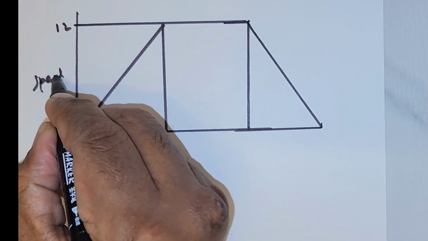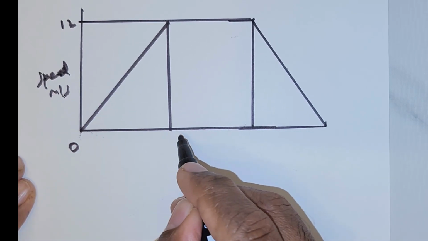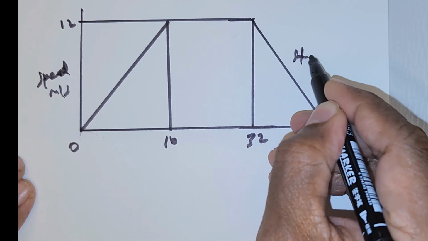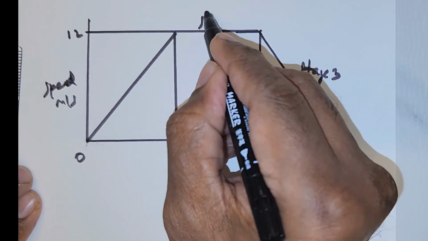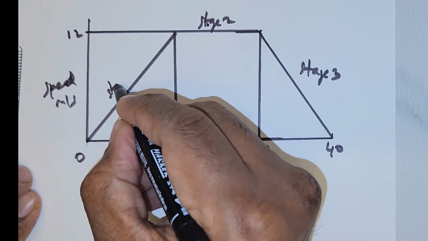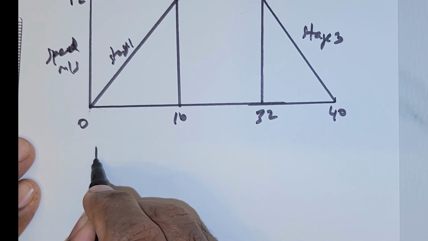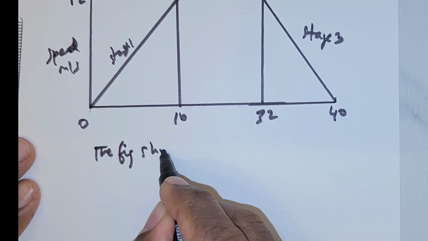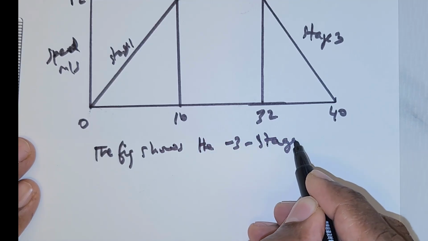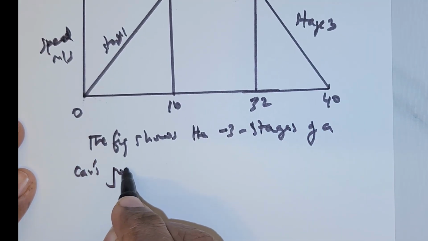This is speed, meters per second. This is O, this is 16, 32, 40. This is stage 3. This is stage 2. And this is stage 1. So the figure shows the 3 stages of a car's journey.